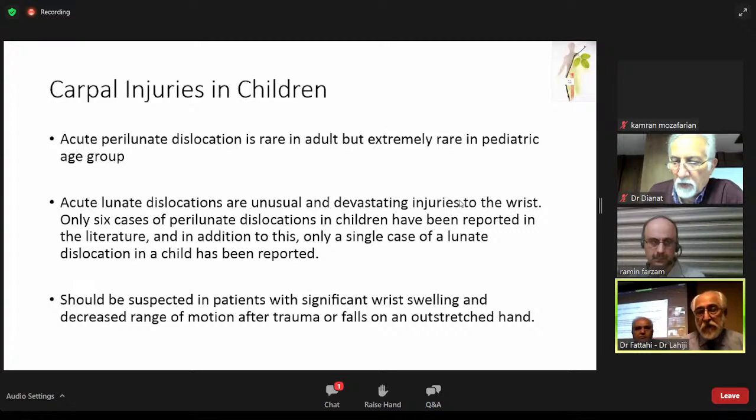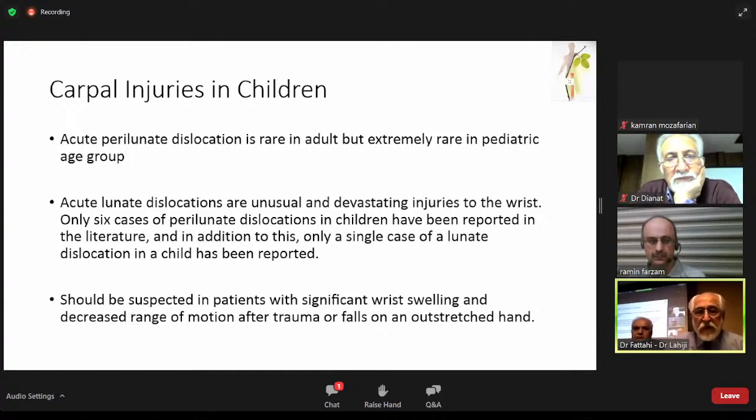It's about perilunate dislocation in pediatric groups. You know, acute perilunate dislocation is rare, but extremely rare in children. Until 2015, only 6 cases of perilunate dislocation in children had been reported. And if you go through these 6 cases, one of them is 16 years old, so he's more or less an adult.